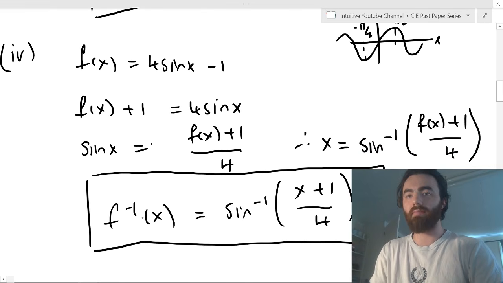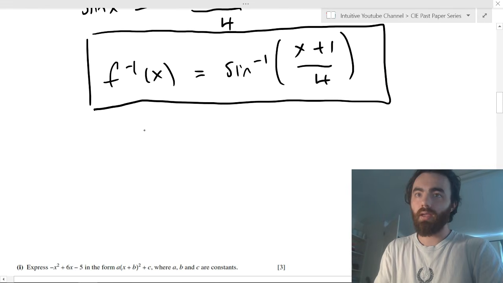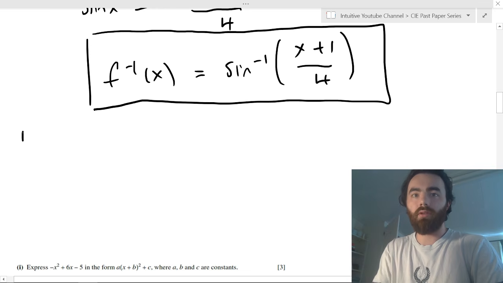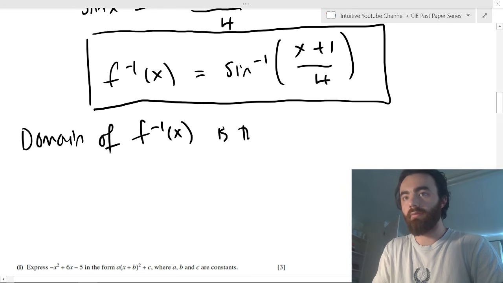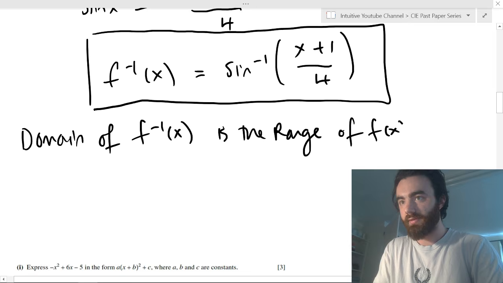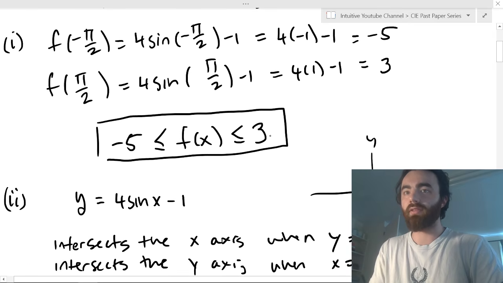Then it asks to find the domain and range of this. If you look on my worksheet, and you should also just know this, the domain of the inverse of f of x is the range of f of x, and the range of f of x is from -5 to 3.